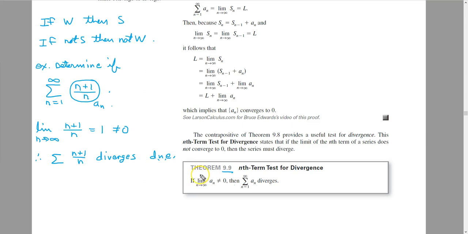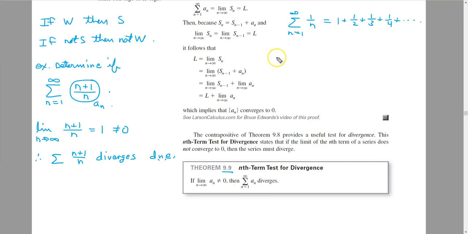Now, keep in mind one thing. This is very important to note. Just because the limit of the ANs is 0 does not mean your series actually converges. So if I look at a series like this, the sum from 1 to infinity of 1 over n, so that's 1 plus 1/2 plus 1/3 plus 1/4, and so on. This is a very important series.